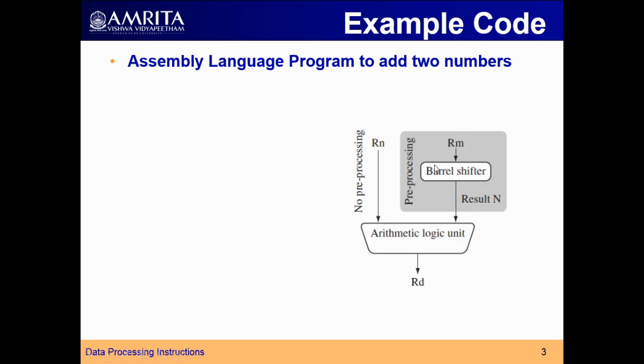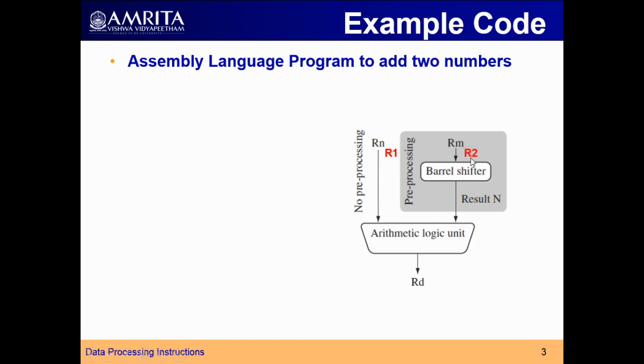It is available only on the second data. We have already seen the barrel shifter, and that is its use. Let us take Rn as the first operand and Rm as the second operand. For the time being, I am going to use Rn as R1. So R1 is my first operand, and the ALU will get the first operand from the R1 register.